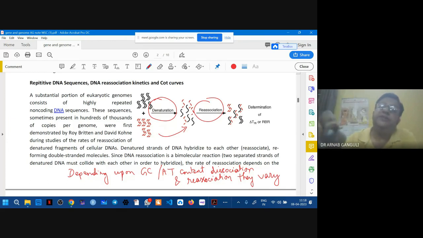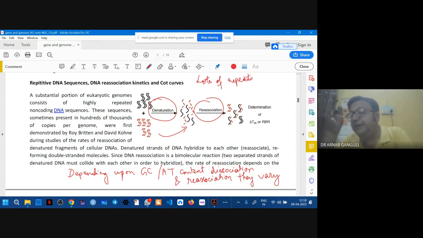Now, if a sequence has lots of repeats, when there are lots of repetitive sequences like ATGC, ATGC, what happens? When you denature, you have a DNA like this, with lots of repetitive sequence. All these regions are repetitive.